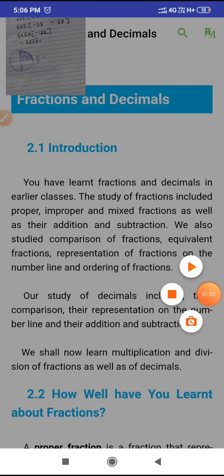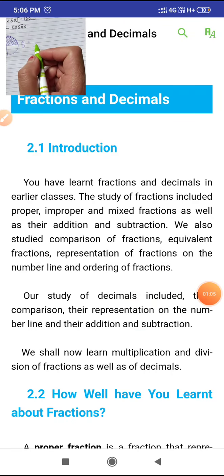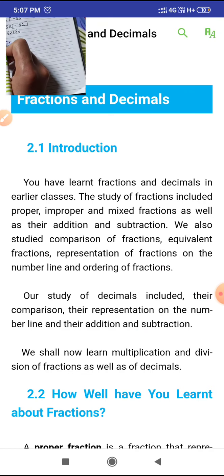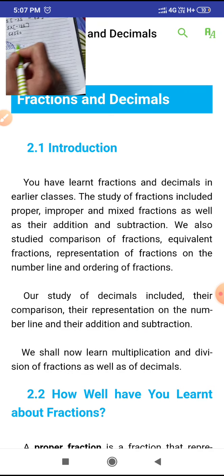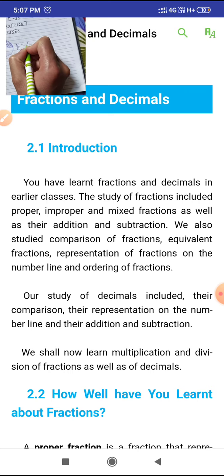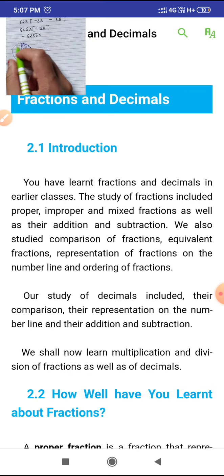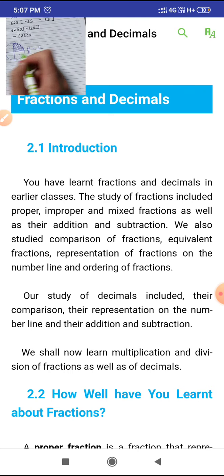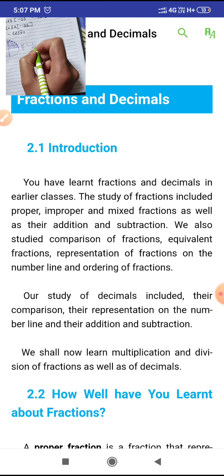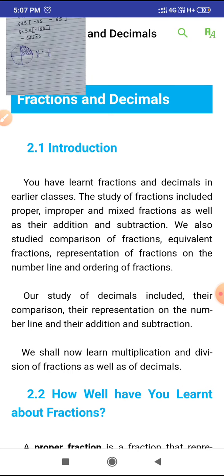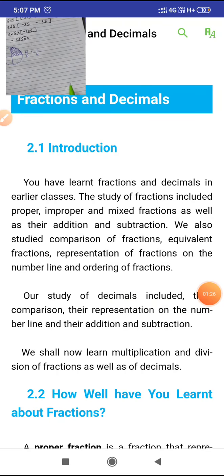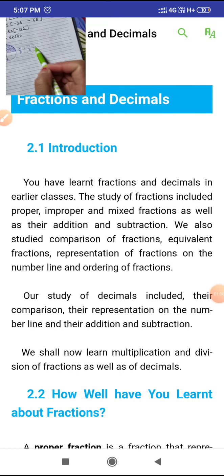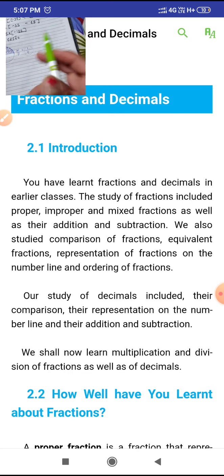For this, write the number of shaded portions in the numerator. So here one part is shaded, so the numerator is 1, and the total number of parts goes in the denominator. There are 4 parts, so the denominator is 4. We can say the shaded portion is 1/4 of the whole circle.